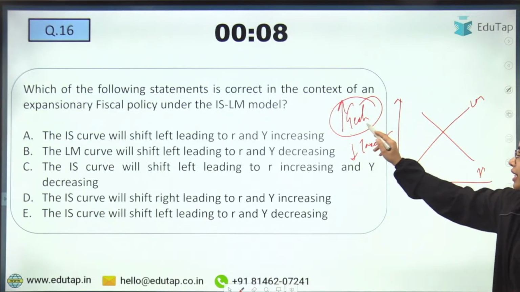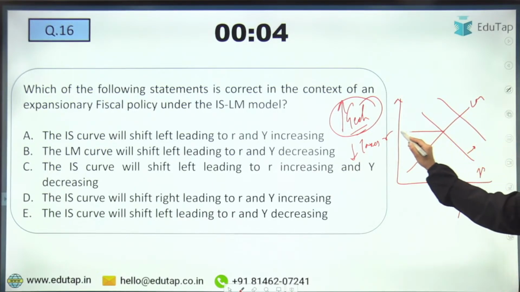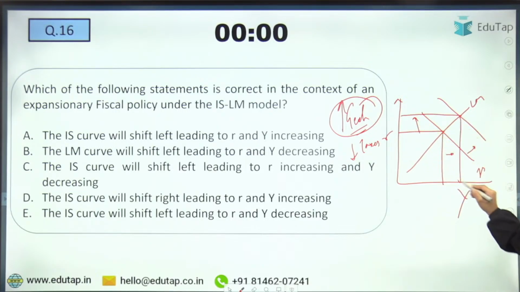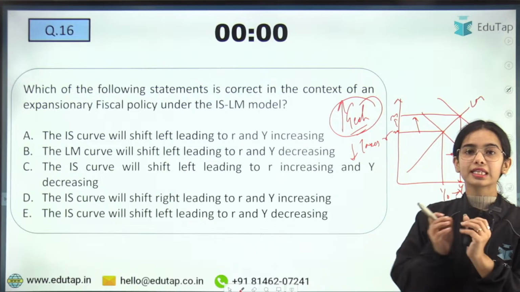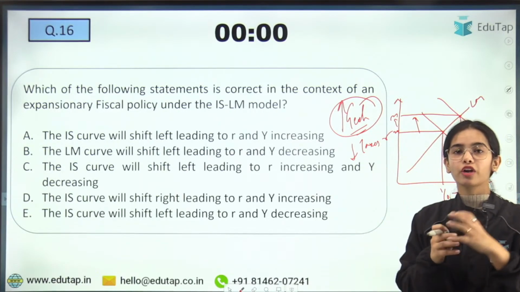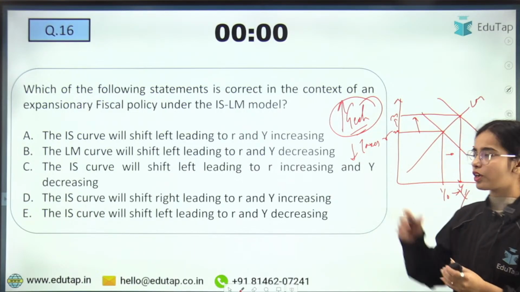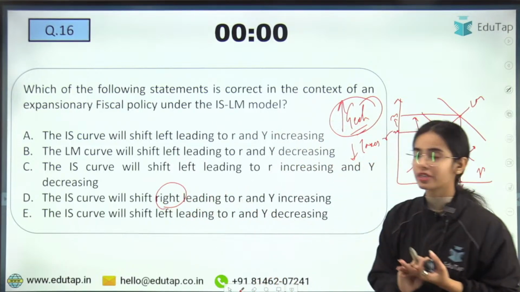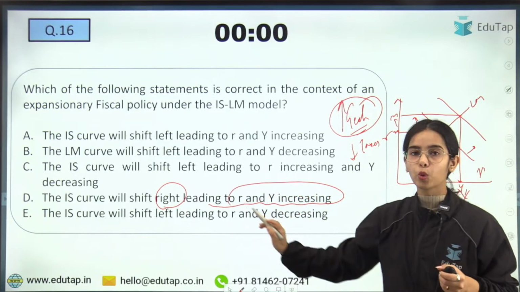Let's say that government expenditure is increasing. So the IS curve will shift rightwards, and there is an increase in the rate of interest and an increase in the level of income. When there is expansionary fiscal policy, when government expenditure is increasing or taxes are decreasing, the IS curve will shift right, and the rate of interest and level of income will both increase.